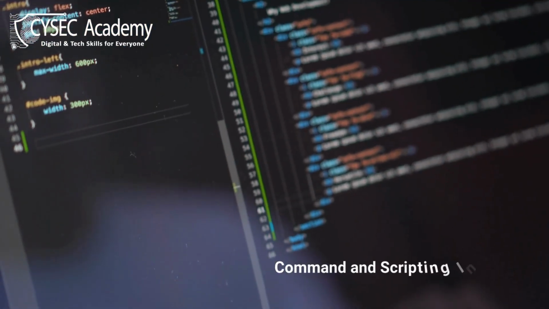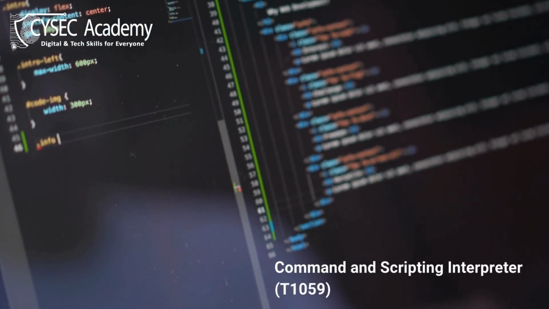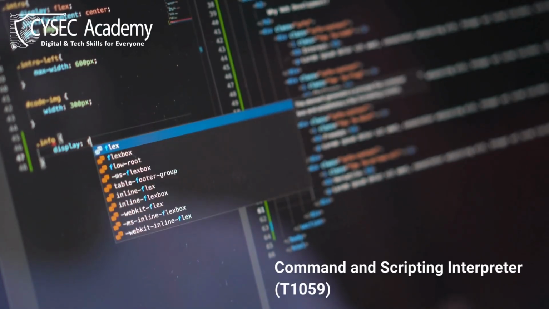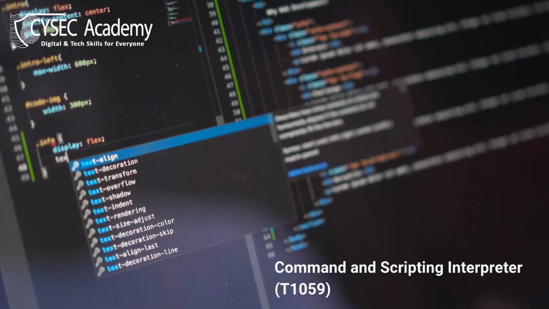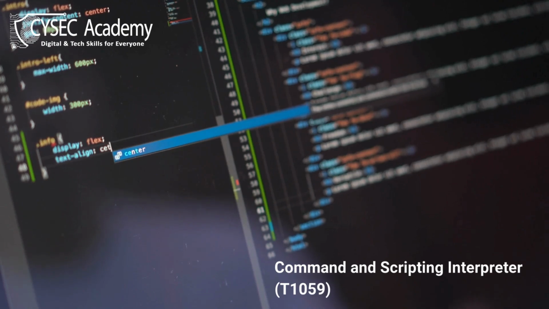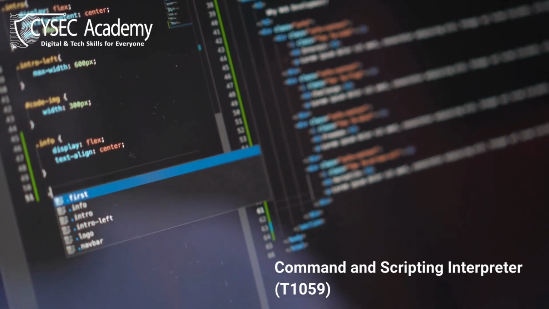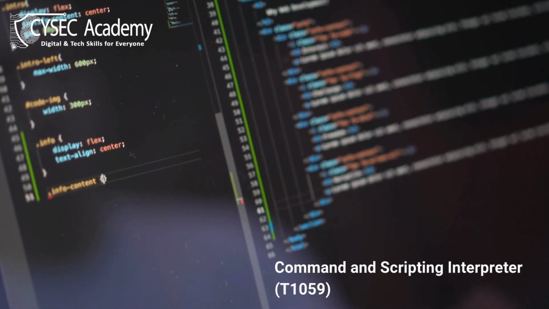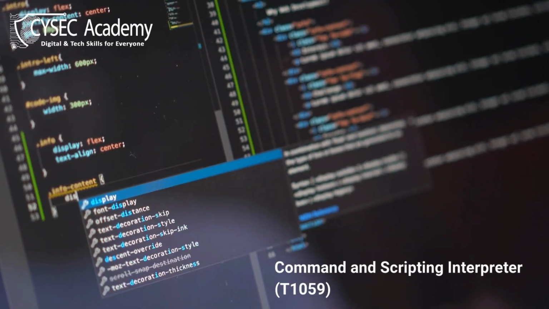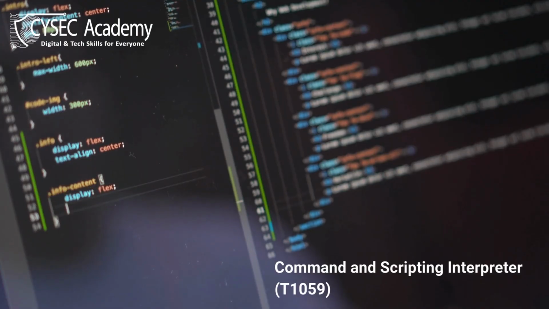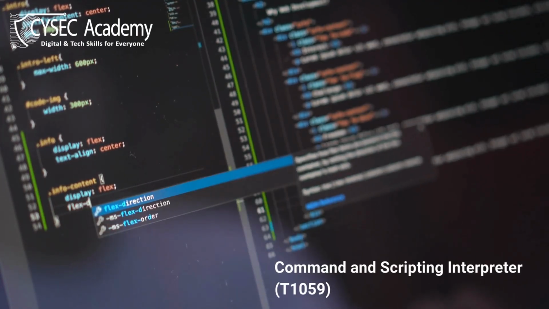1. Command and Scripting Interpreter, T1059. This technique involves the use of native operating system command lines and scripting interfaces to execute commands. The key detection challenge here is distinguishing malicious use from legitimate system administration. Under this we have Windows Command Shell and PowerShell.